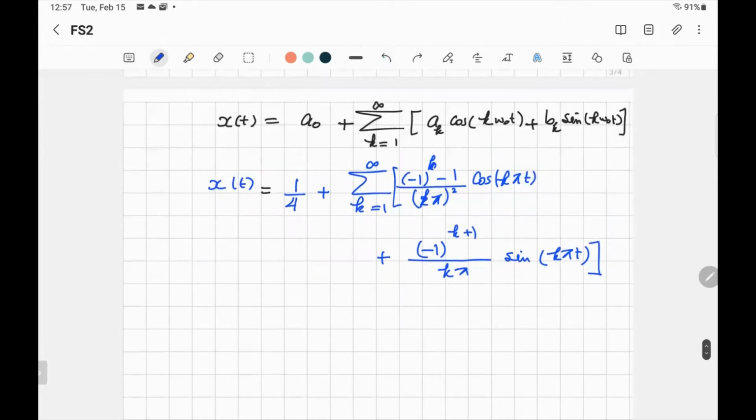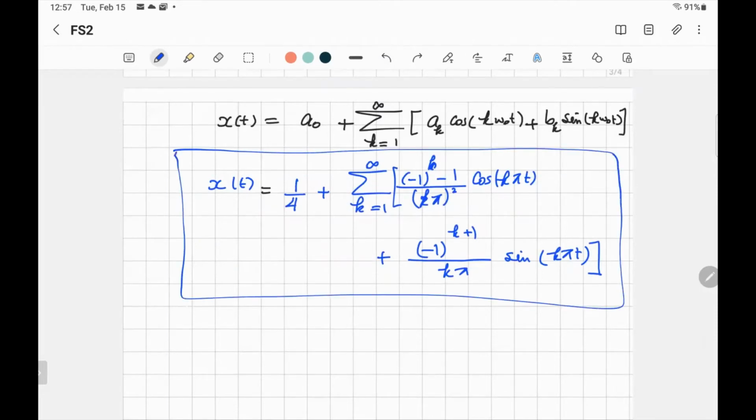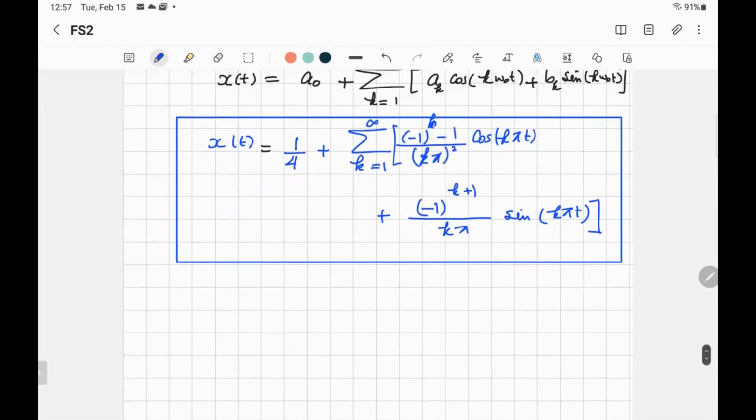To get a feeling of this signal, what does it represent? I'd like to evaluate it for a certain number of terms, like the first 3 or 4 terms, as you're always asked to find the first 4 terms. So let's just do it together. X of t will be equal to 1/4. Now you start with k equal 1.